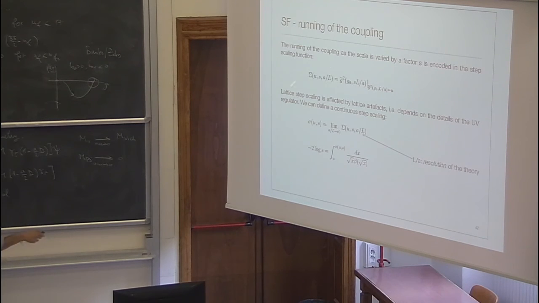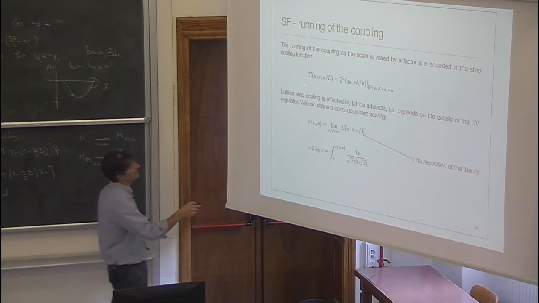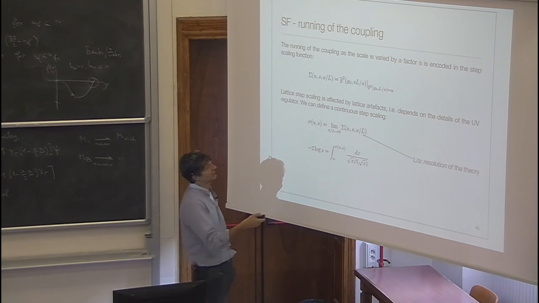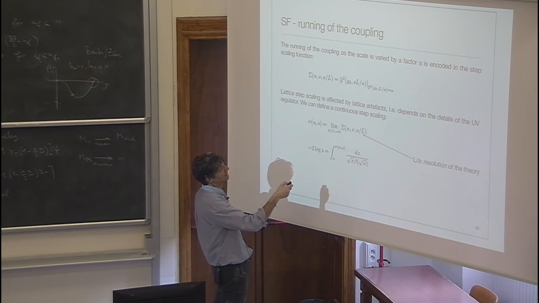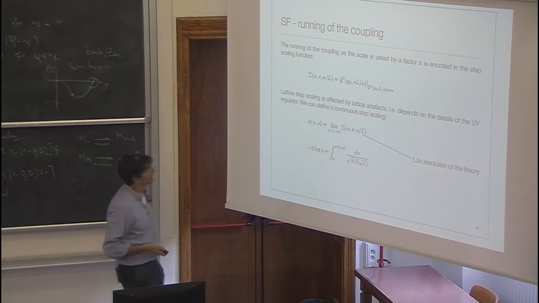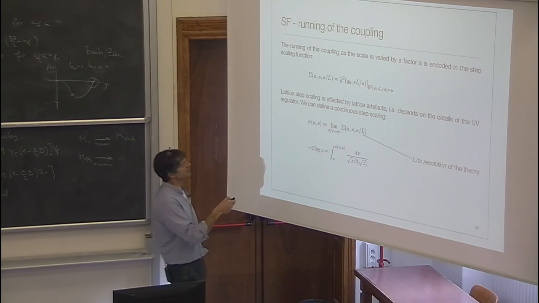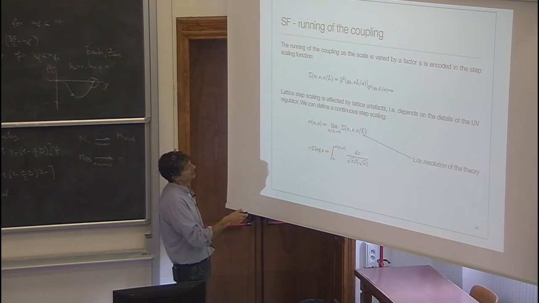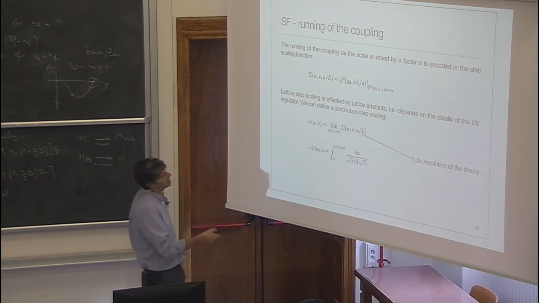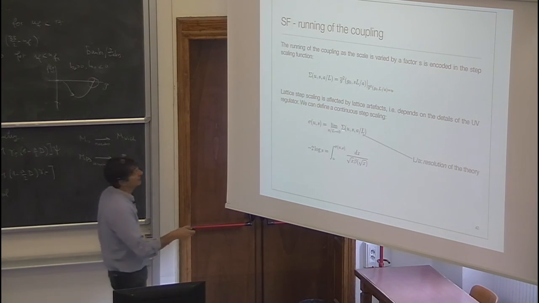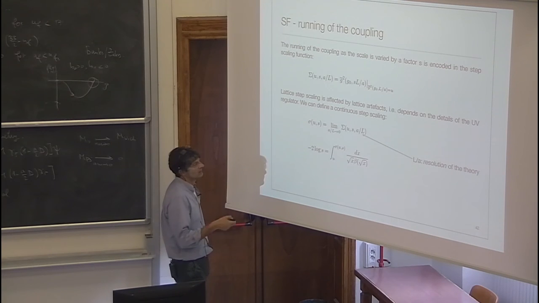So you see this sigma is entirely defined in terms of quantities that you can measure in a numerical simulation, namely this renormalized coupling and this renormalized coupling. And then you need to do multiple simulations so that you can extrapolate this capital sigma to the continuum limit, so you can get rid of the discretization effects that are unavoidable when you do a lattice simulation with a fixed cutoff.